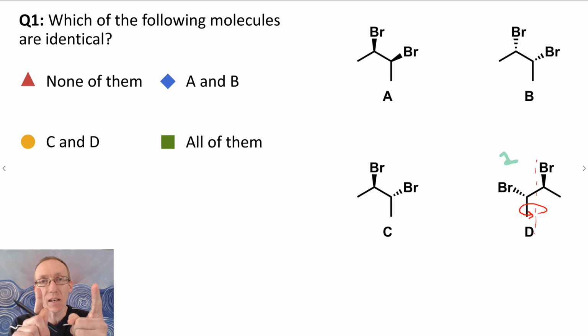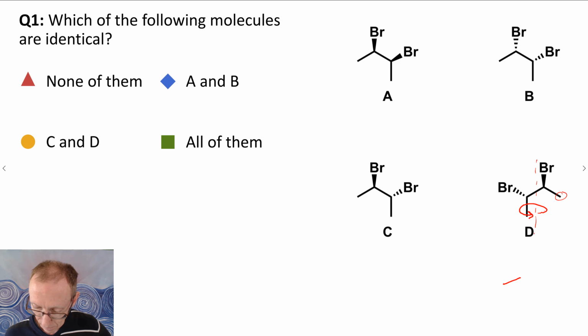And as it spins around, because it's coming out towards you, as you spin it around 180 degrees it will now be going away from you or behind the page. And so as we spin that around, we'll have a bond that will come now. This atom here will be off to the right, and the bromine that's attached to the carbon next door is now going to be into the page like this.